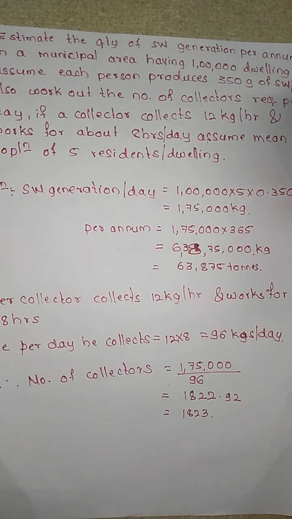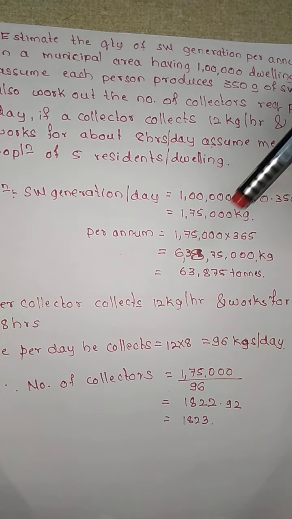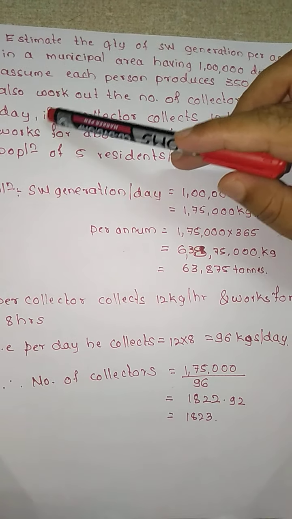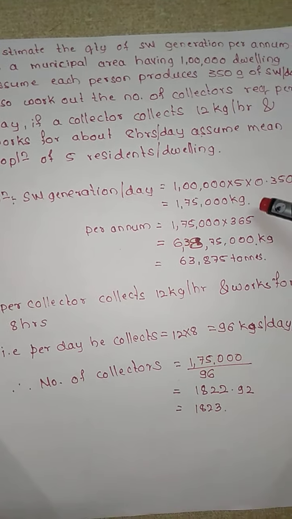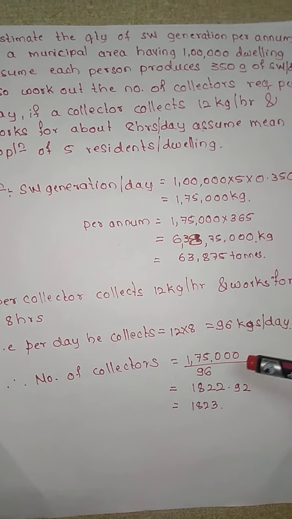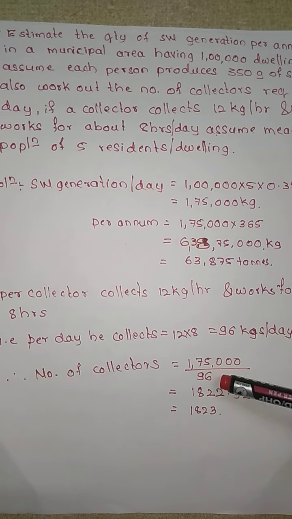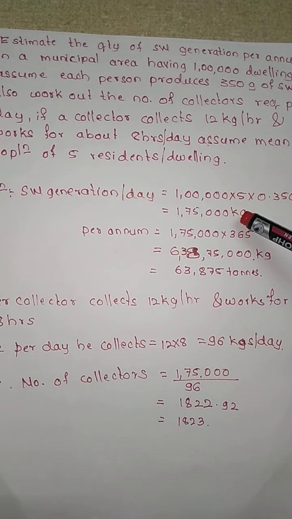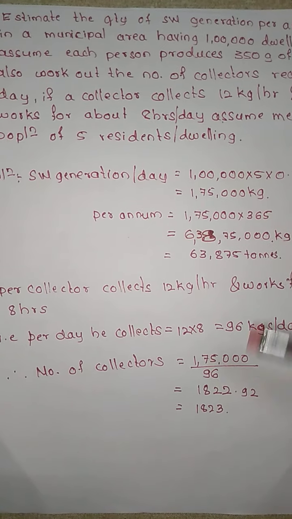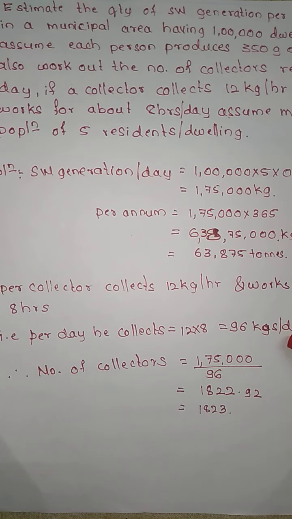To calculate the number of collectors per day, we take the solid waste generation divided by how much each person collects, which is 96 kg.